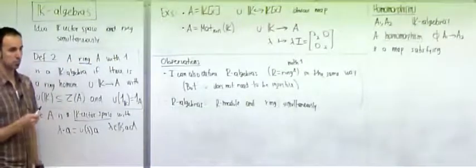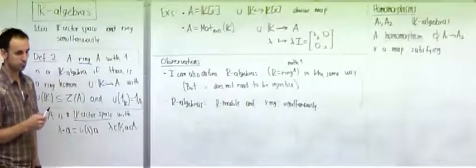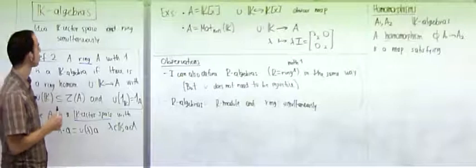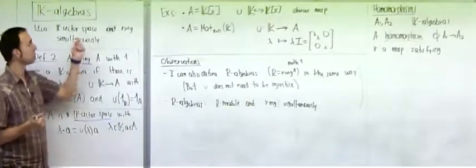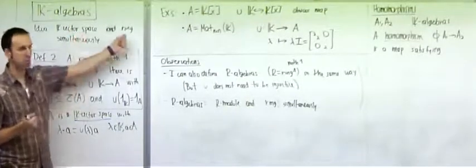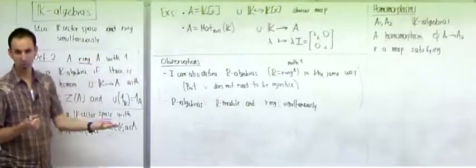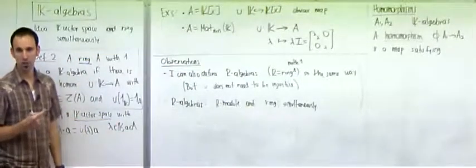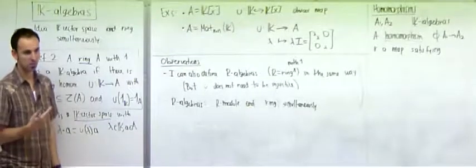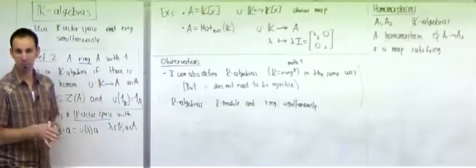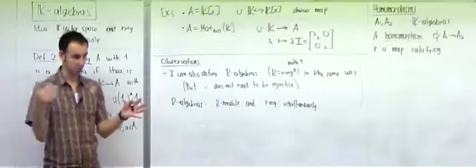So because a K algebra is a vector space and a ring, that means it should be a homomorphism of vector spaces and of rings. Now, a homomorphism of vector spaces is just a linear map, right? If you want to map a vector space to another vector space, that's just a linear map.